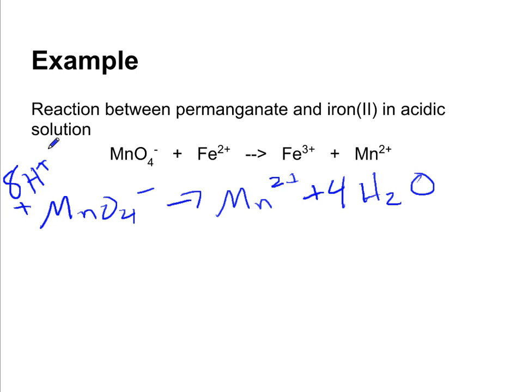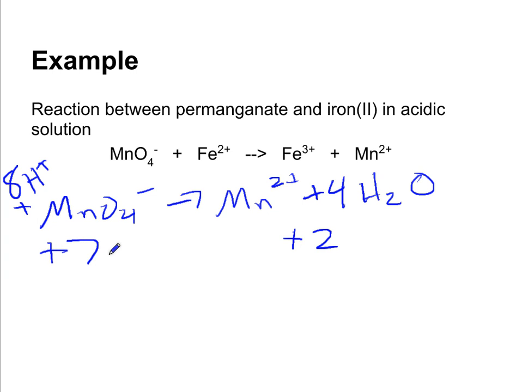Now our last step is to balance the charge on each side of the reaction arrow. On the product side, we've got neutral water and manganese +2, so our overall charge on the product side is just +2. Looking on the reactant side, we've got 8 hydrogen ions, so +8, and then we're going to add that to the -1 from the permanganate ion, so we end up with +7 as the overall charge on the reactant side.